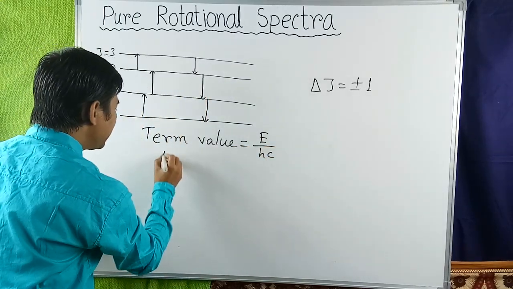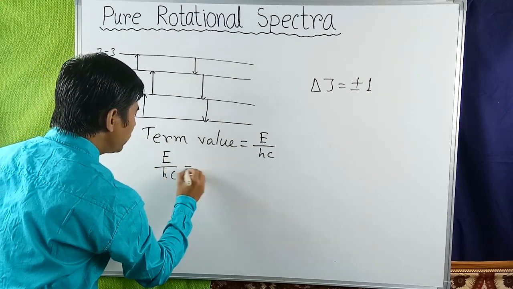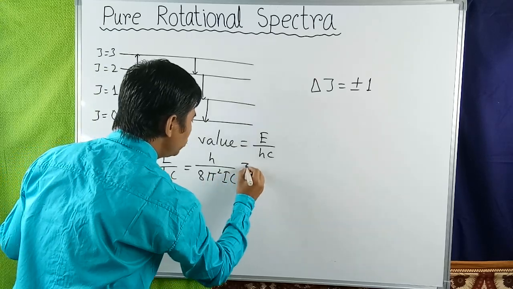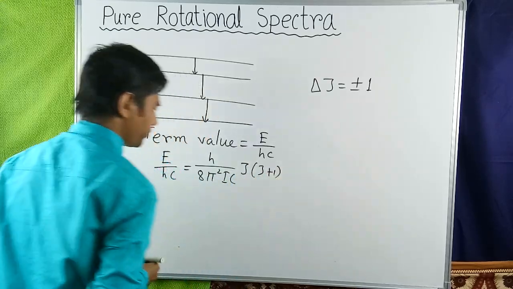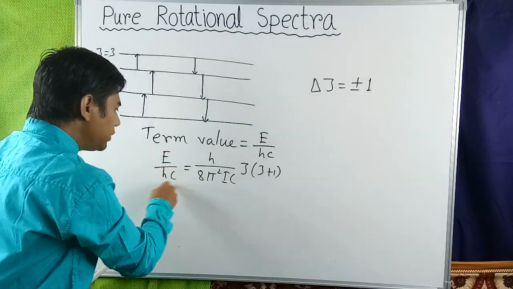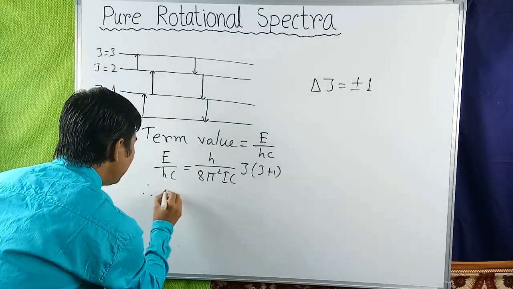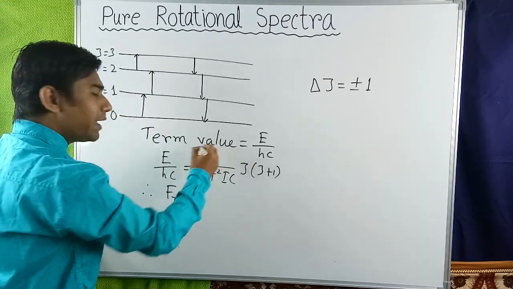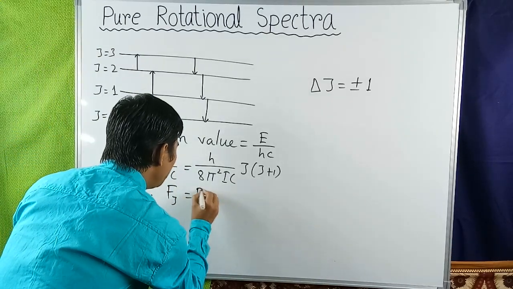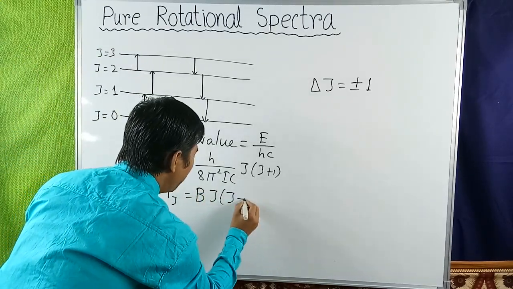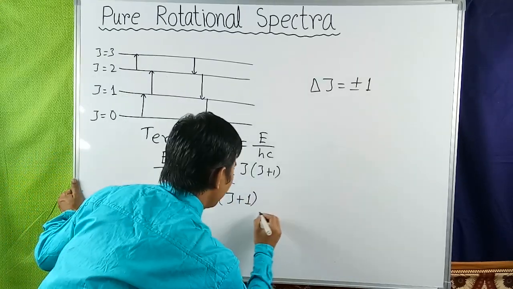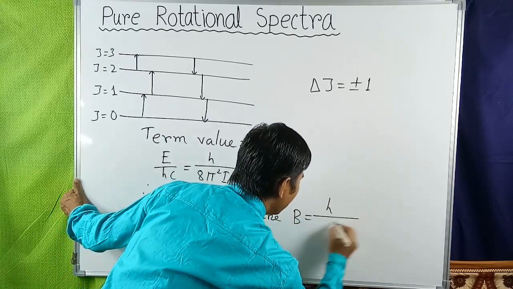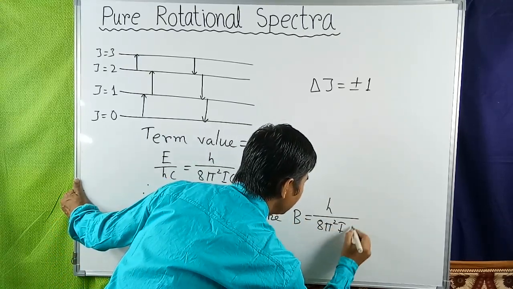So we may write E by hc equals h by 8 pi square Ic into J into J plus 1. Let this be denoted as Fj. So Fj equals B J into J plus 1, where B equals h by 8 pi square Ic.